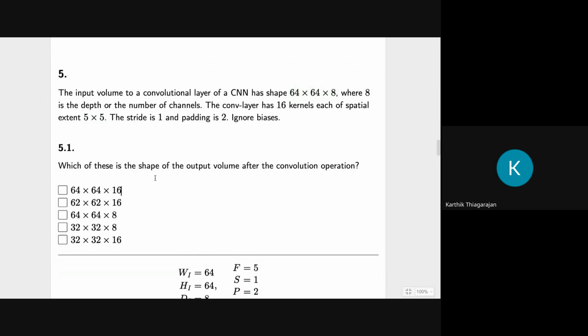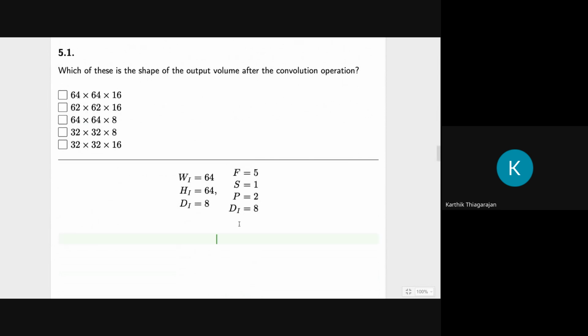But if you have not done that many questions using CNNs, you can always go the proper route, which is there's a formula, Wo equals Wi minus F plus 2P, divided by S, plus 1.